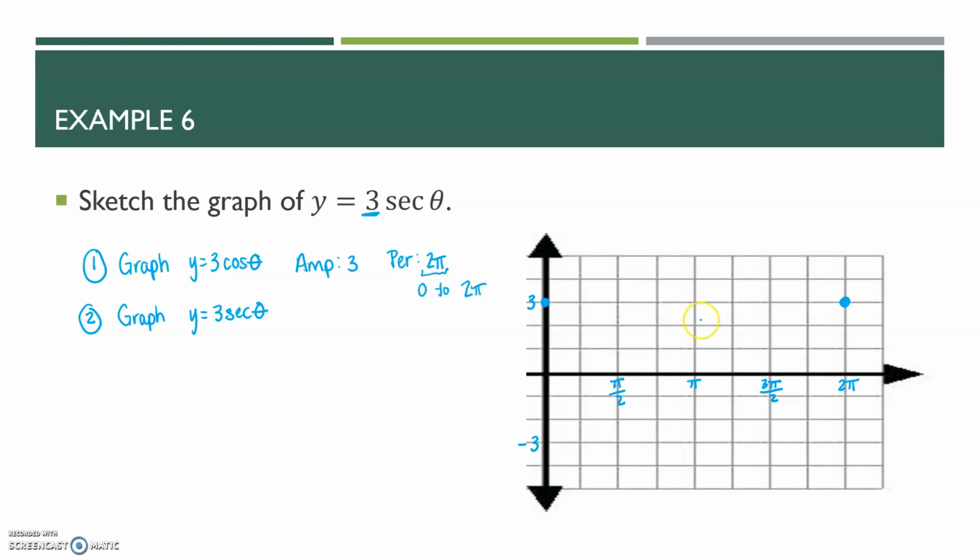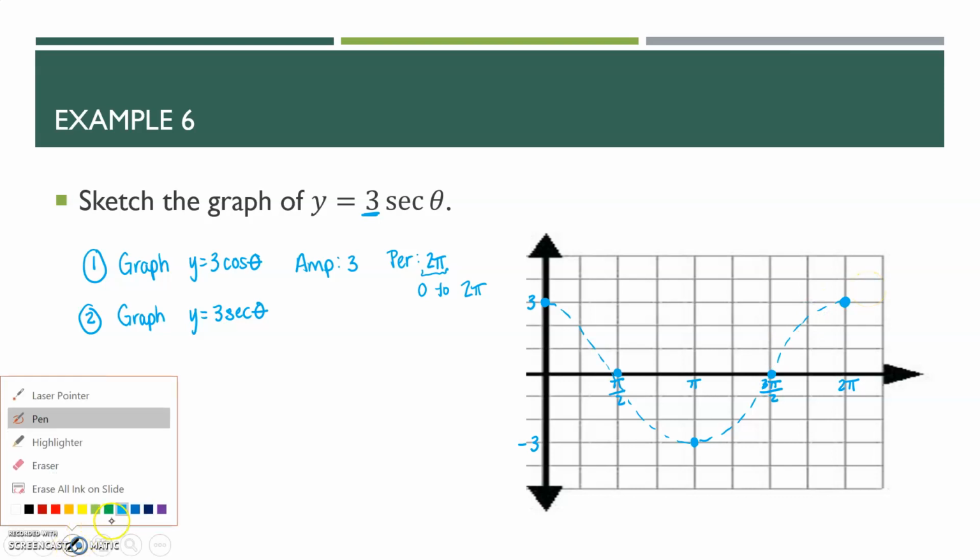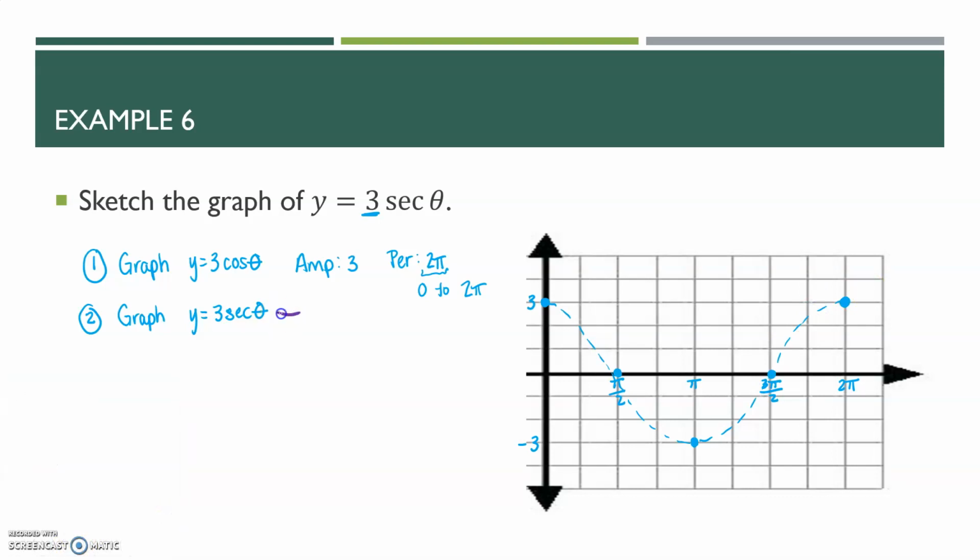All right, so then my minimum would be halfway between those points. I would cross the theta axis between those, and then I'm going to kind of sketch that curve. All right, so there's that part done, and then my next part is to use a different color and graph the secant. So anywhere that it crosses the theta axis, I put an asymptote.